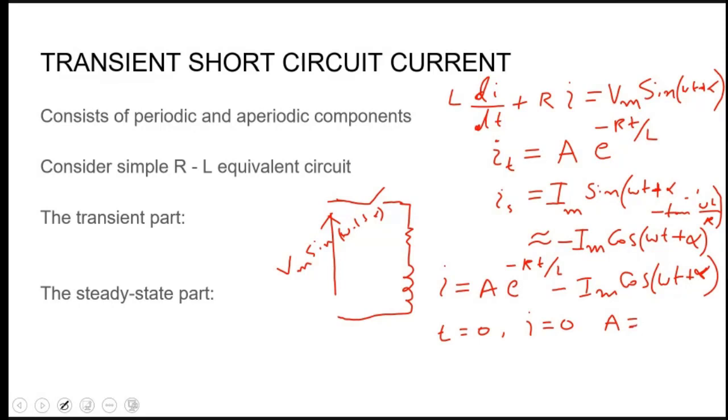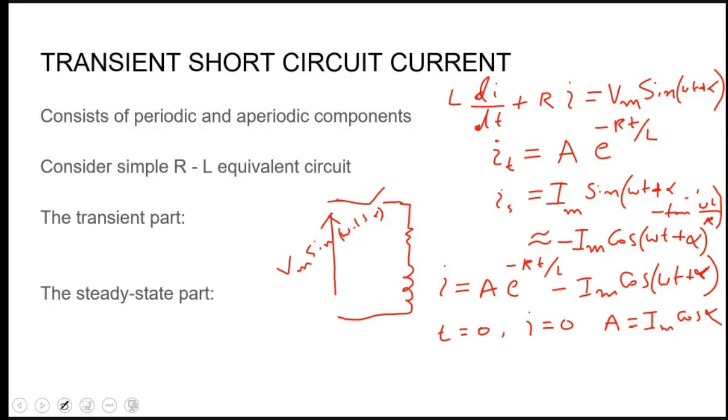A equals how much? Im cos alpha. So A equals Im cos alpha.